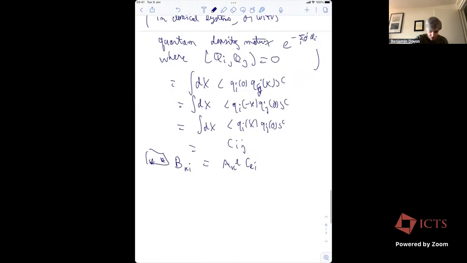What is A_kl? So this is the derivative of the average current j_k in the state beta with respect to the average density q_l in the same state beta.